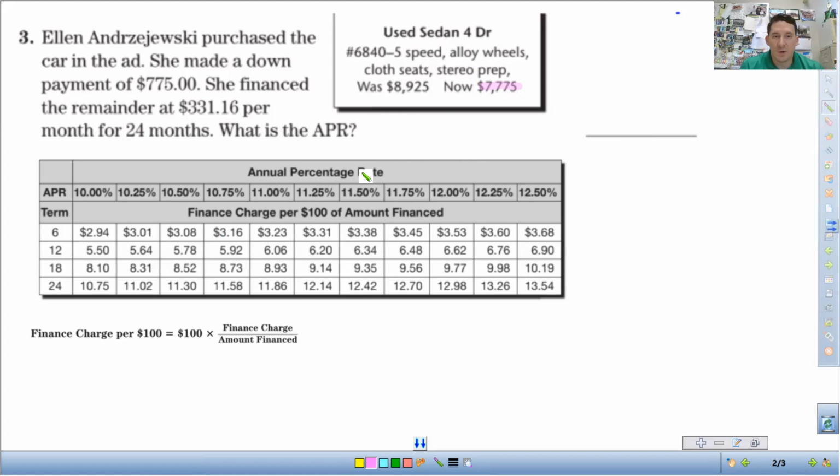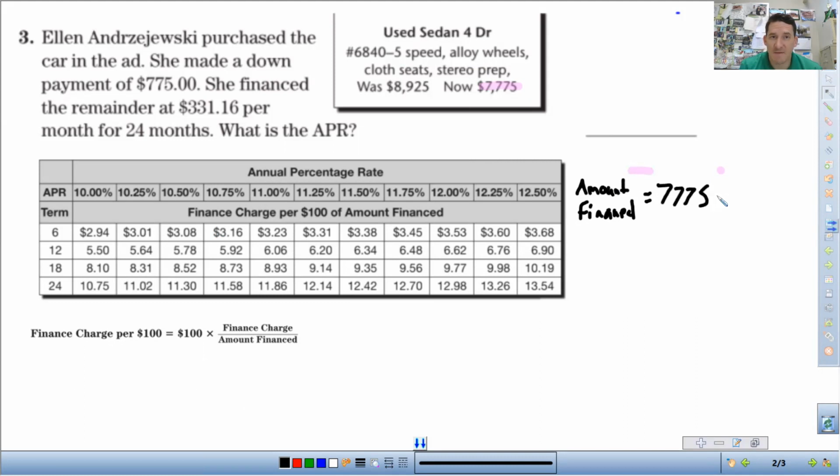First thing, what we're going to do is calculate the amount financed. So we're going to calculate a lot here. The amount financed is just going to be the price of the car, $7,775, minus the down payment of $775.